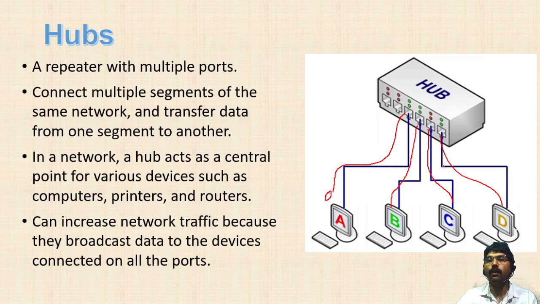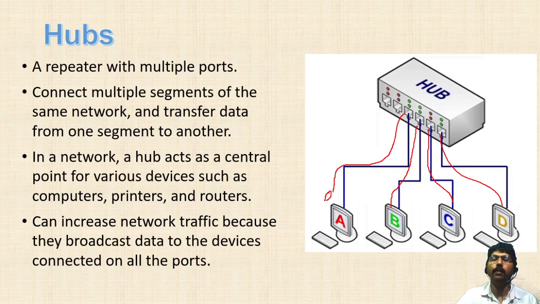Due to this, the network traffic will increase. Instead of sending to just device C, it sends to all the other devices, so the network traffic increases. This is the first disadvantage. The second one is that all the other devices also get this data, so a network security problem may also arise. The possibility of data collision also increases.